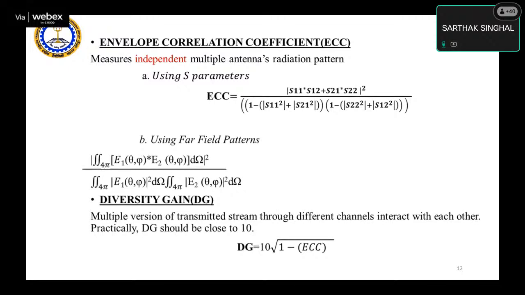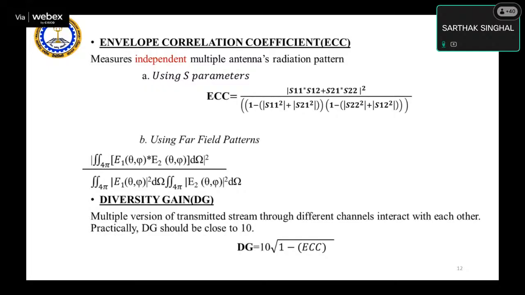If the individual performance is not affected, the reflection coefficients will be uncorrelated, and the far field patterns will also be uncorrelated. Among these two methodologies for calculating the envelope correlation coefficient, it is preferred to use the far field patterns for ECC determination.